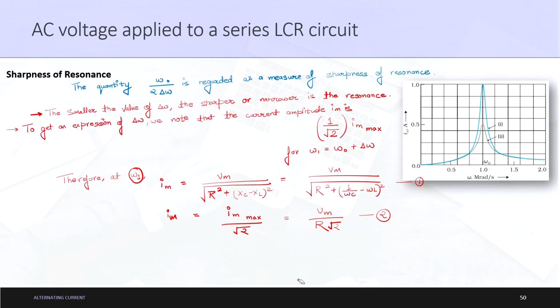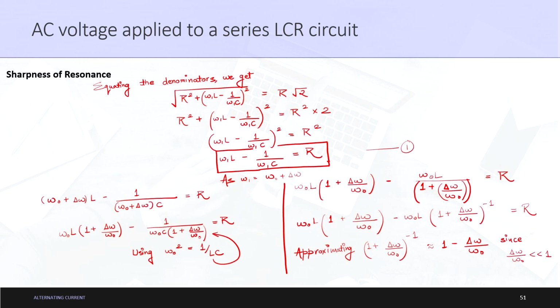That is also done. So, now because both these equations are the same, we can directly equate the denominators because numerators are the same. So, I just equated the denominators, and finally this was the last equation I obtained in the last part, that resistance is equal to omega 1 L minus 1 upon omega 1 C. Okay.